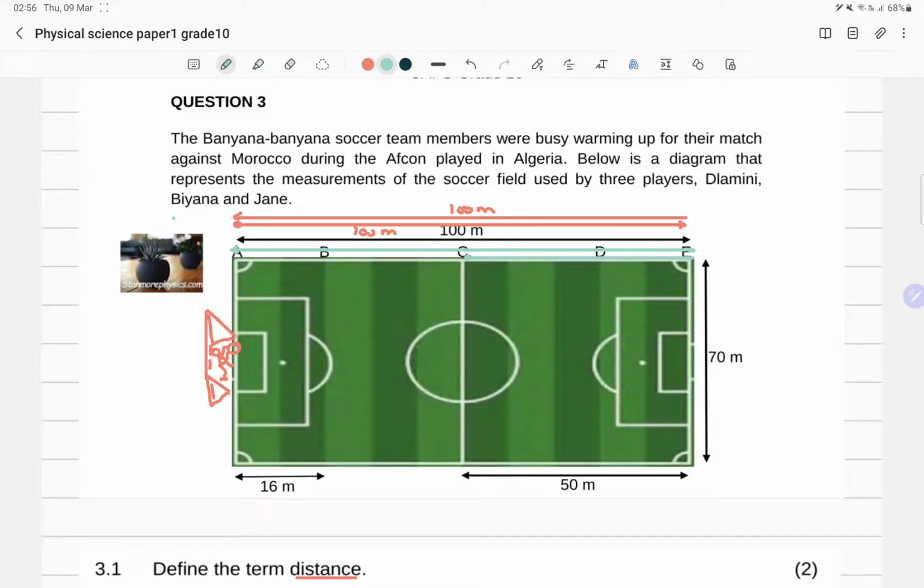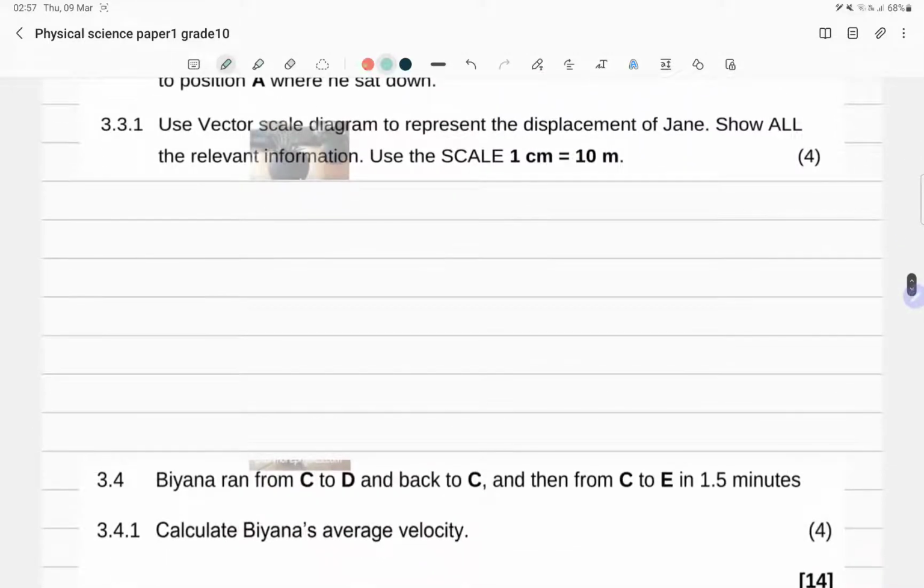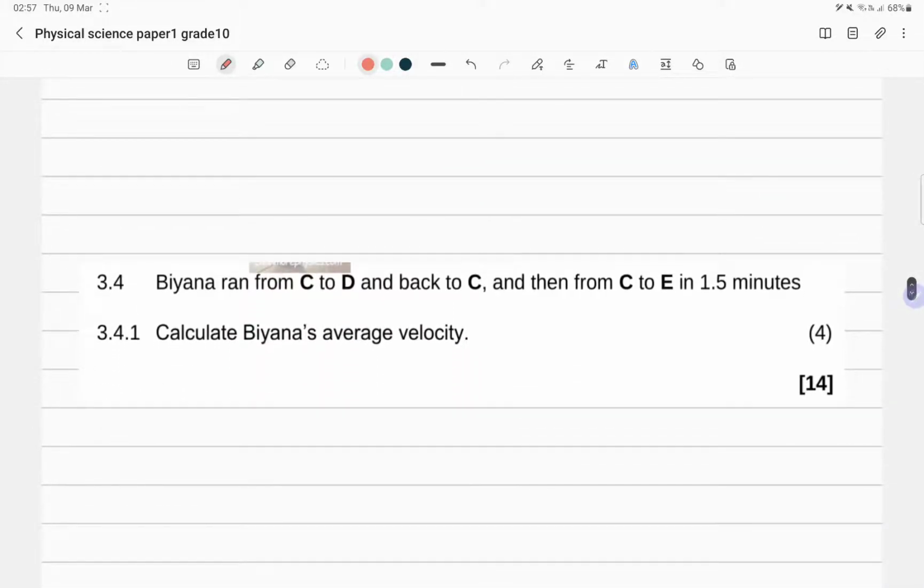So this means she moved 50 meters that way, and then she moved 100 meters that way. The distance is 150 meters. Not a problem. We are good.